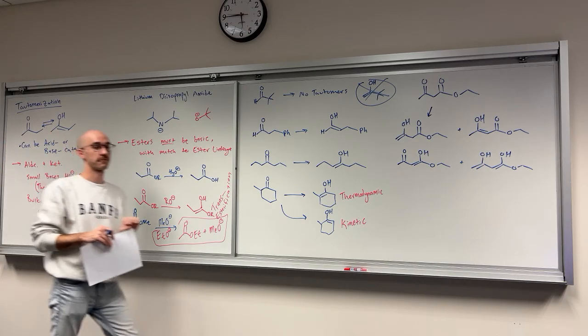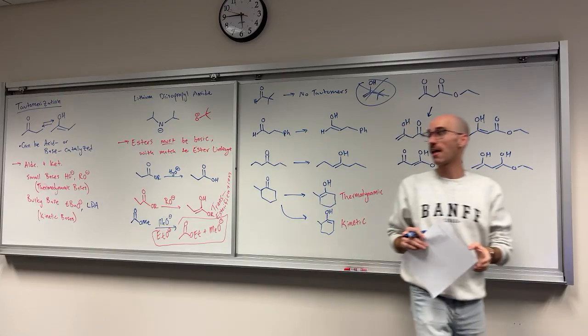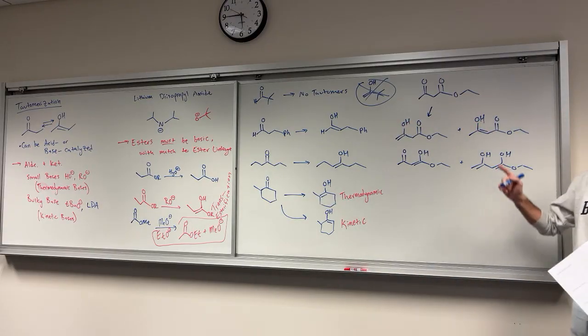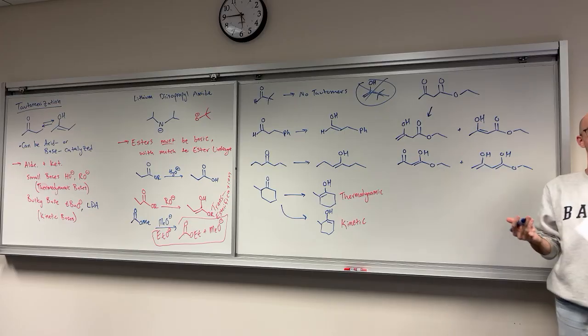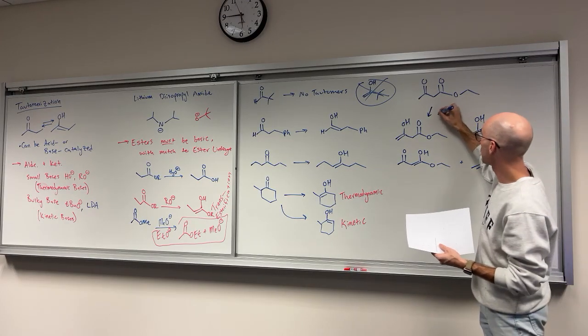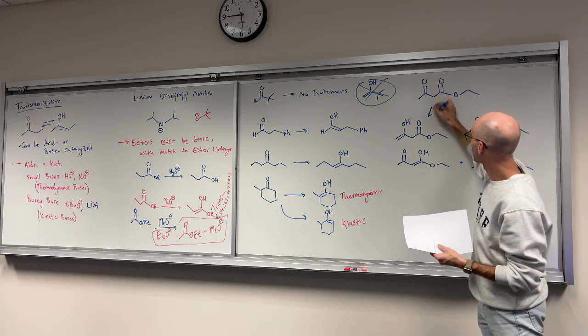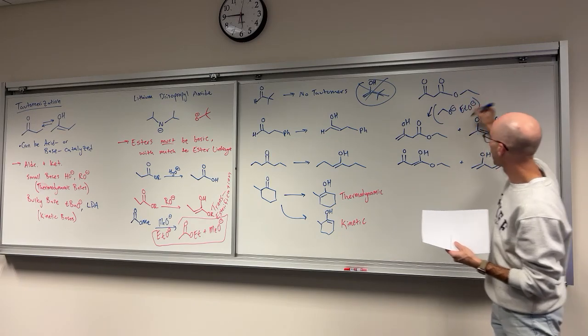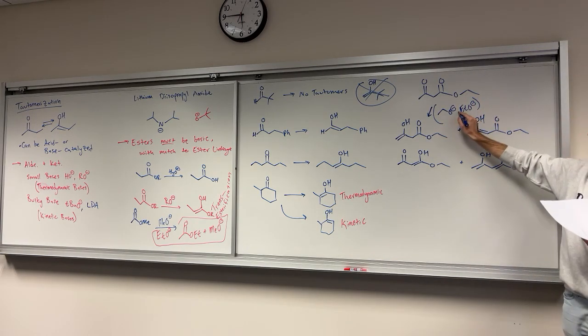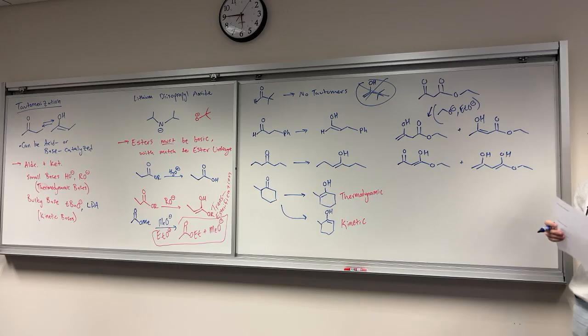Not specific enough. Ethoxide. Because I have an ester, my base has to match my ester linkage. So the base here is ethoxide. You can write that as the carbon chain O-, or you can write it as Et-O-. Great.